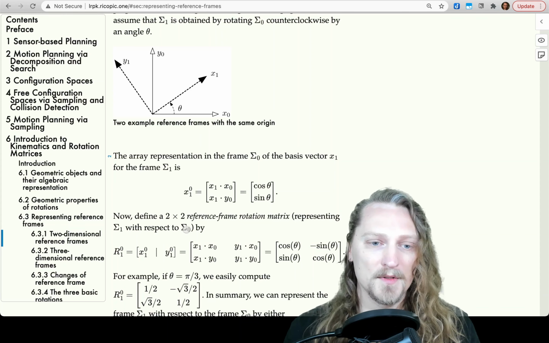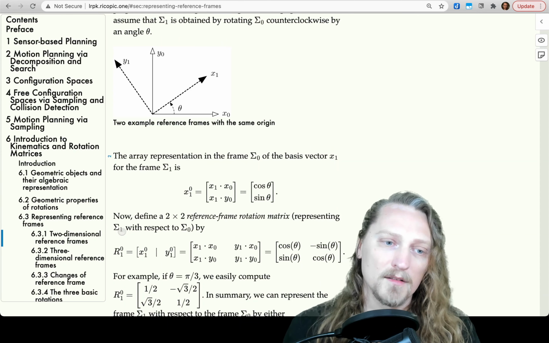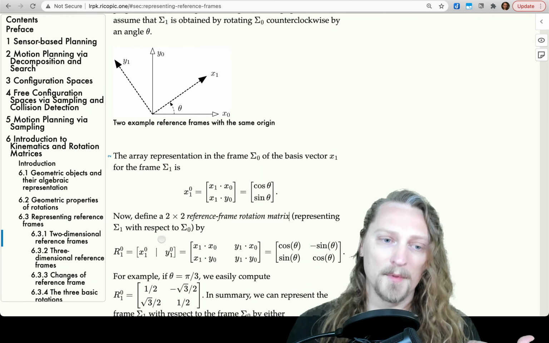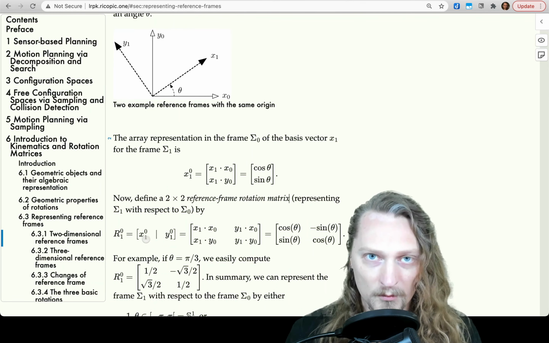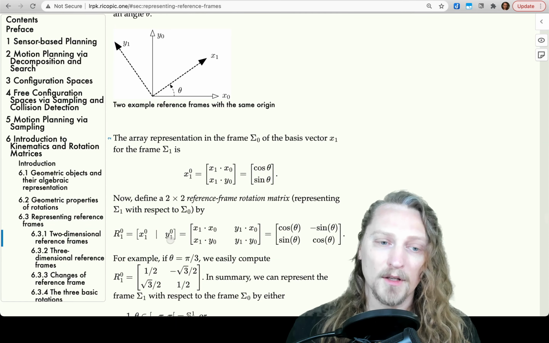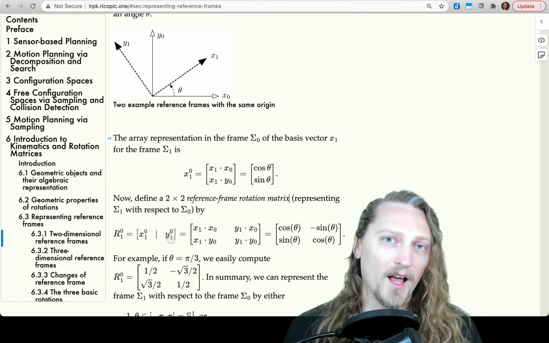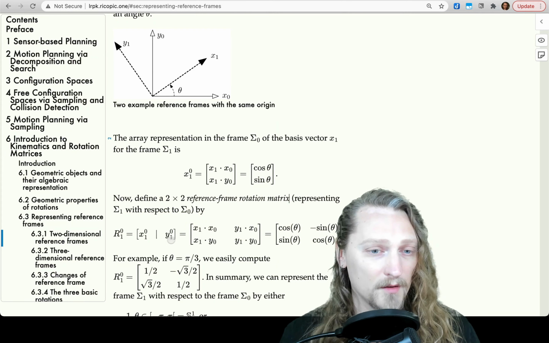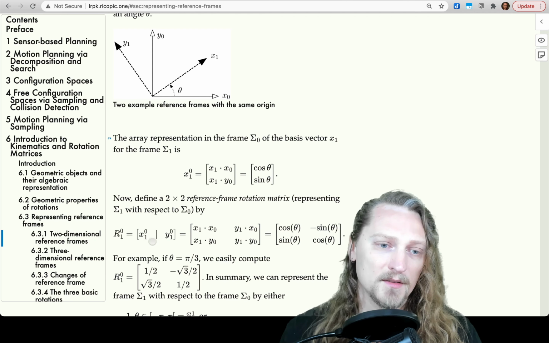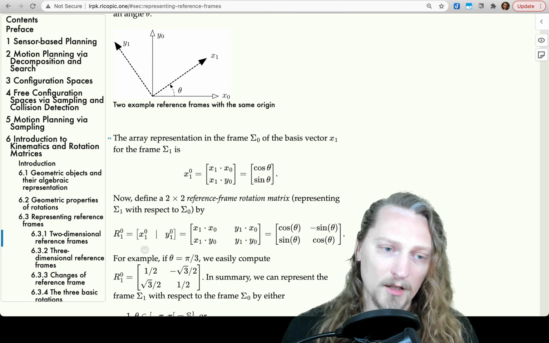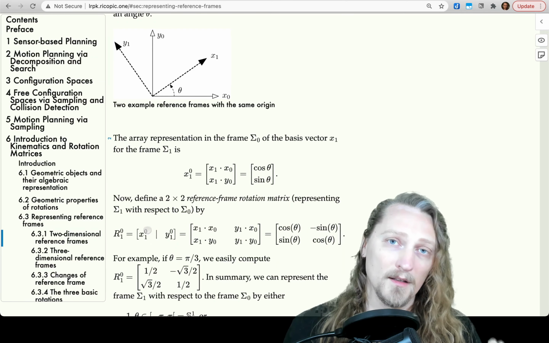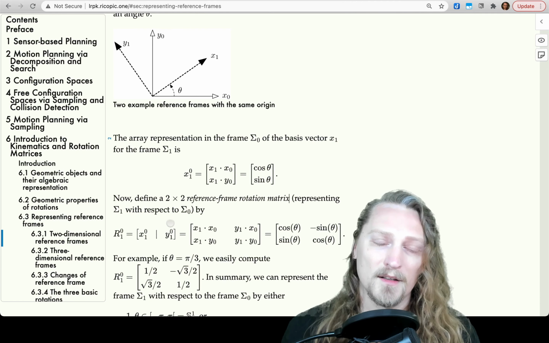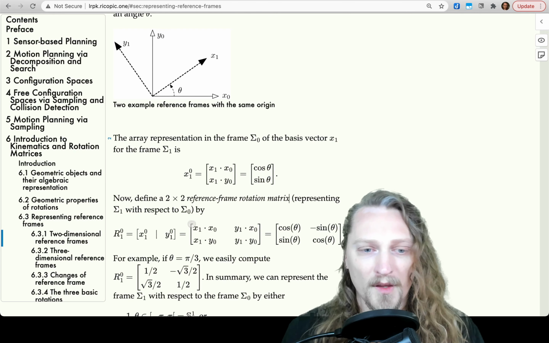Now we're going to represent the entire frame sigma 1 with respect to sigma 0, which requires that we represent not just x1 with respect to sigma 0, but also y1, the other basis vector for the sigma 1 reference frame. So we write this, which tells us that we have a column vector x1 written in the sigma 0 reference frame, and then y1 written in the sigma 0 reference frame.